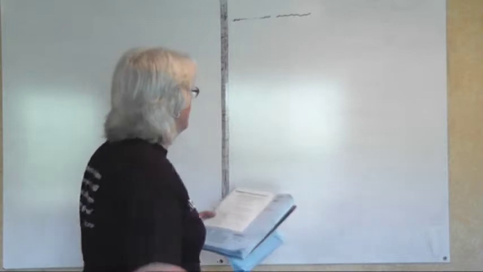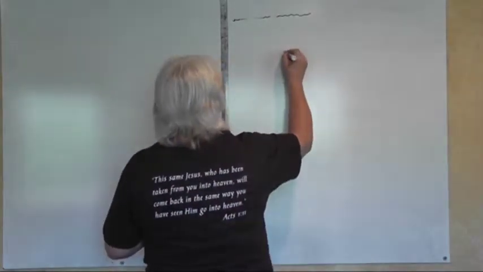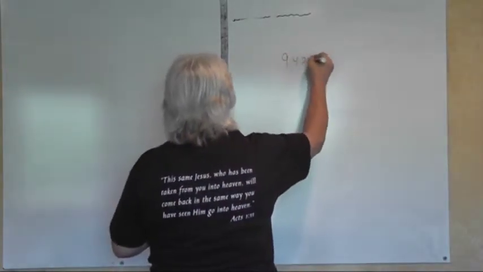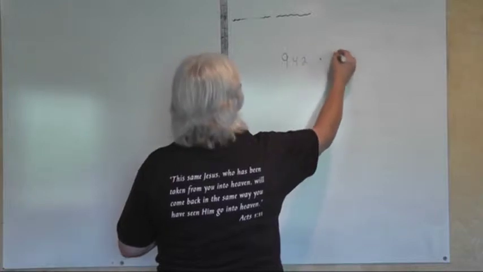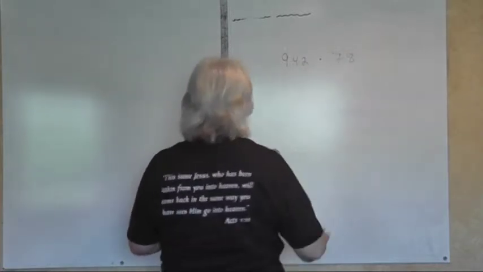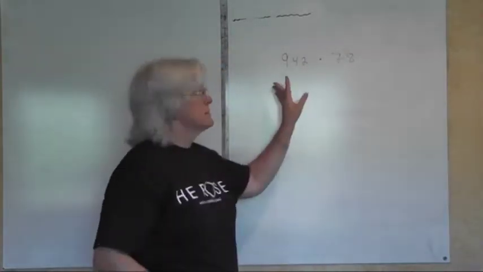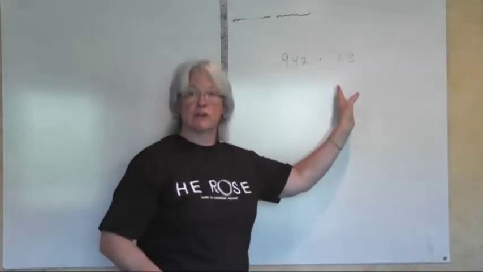Estimating products, page 63. To estimate a product, round each factor to its greatest place. Real easy. If we have 942 times 78, this says round each factor to its greatest place.